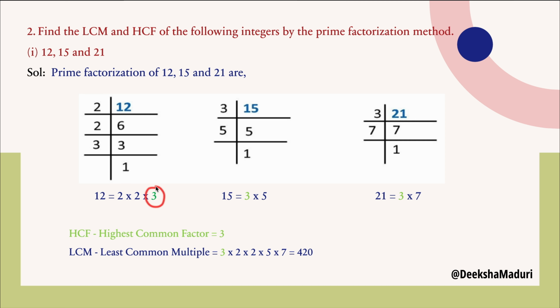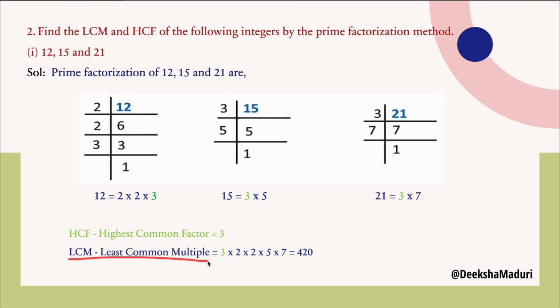Here you can observe I have highlighted the number 3 because it is appearing in all the prime factorizations of the 3 numbers. So this is the HCF of 12, 15 and 21. The highest common factor is the number that divides all 3 numbers evenly without leaving any remainder. So 3 can divide 12, 15 and 21 evenly. So this is the highest common factor of these numbers.